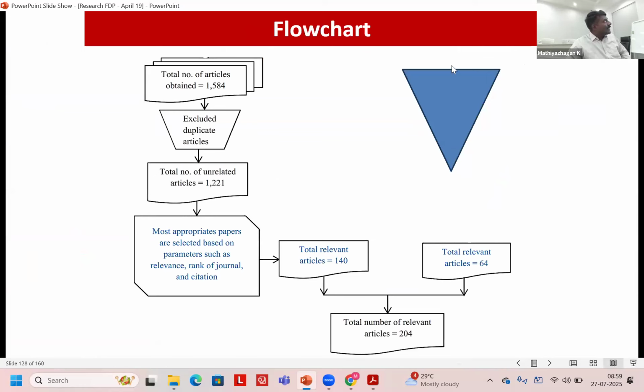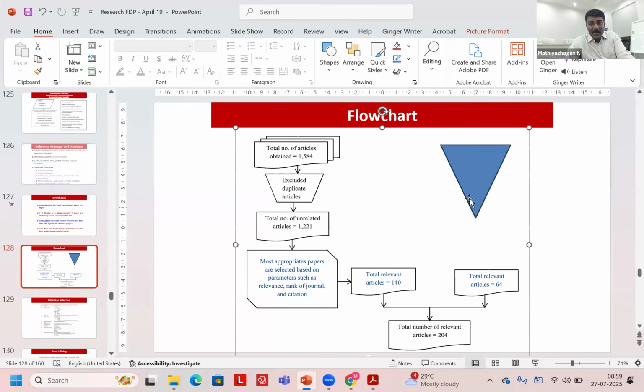Here you need to provide the 1000 to 21, and then the bottom should be 140.